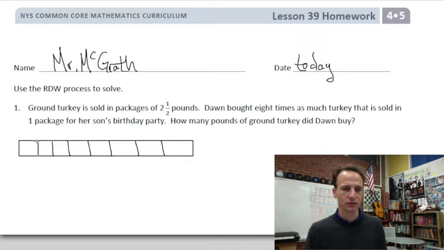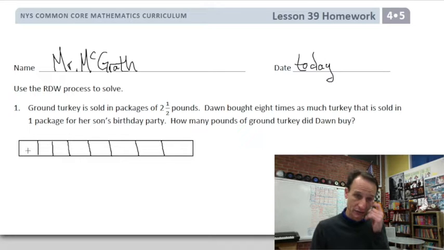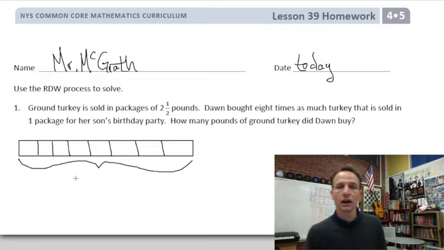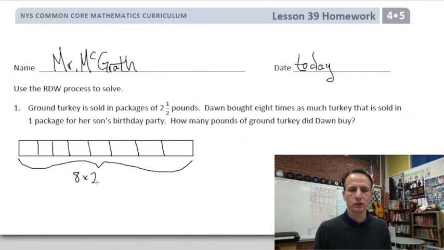Yeah, and each of these is 2 1/2 pounds, okay? So I'm just going to do it this way. I don't feel like labeling each of those 8 parts 2 1/2 pounds. So the whole thing, however, is what? Well, it's 8 times those 2 1/2 pounds, isn't it?